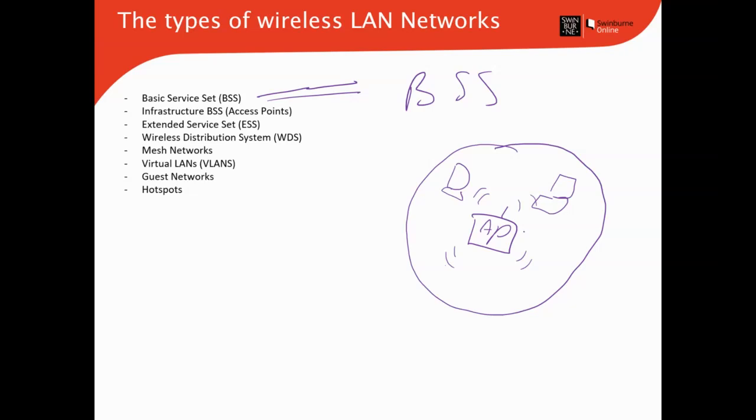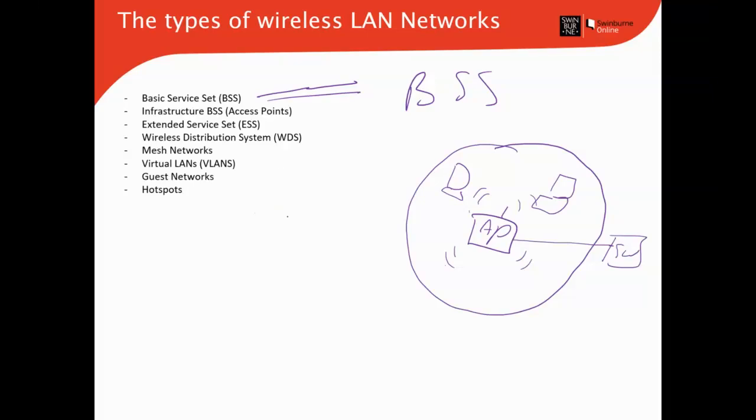To participate in this, the access point has to advertise to the network to say, hey, I'm a wireless access point. So long as you can find me and log in and authenticate yourself, you can communicate with me, and I will get all your data and send it to a switch. And you can communicate with other devices on this network. Okay, so that's a basic service set.